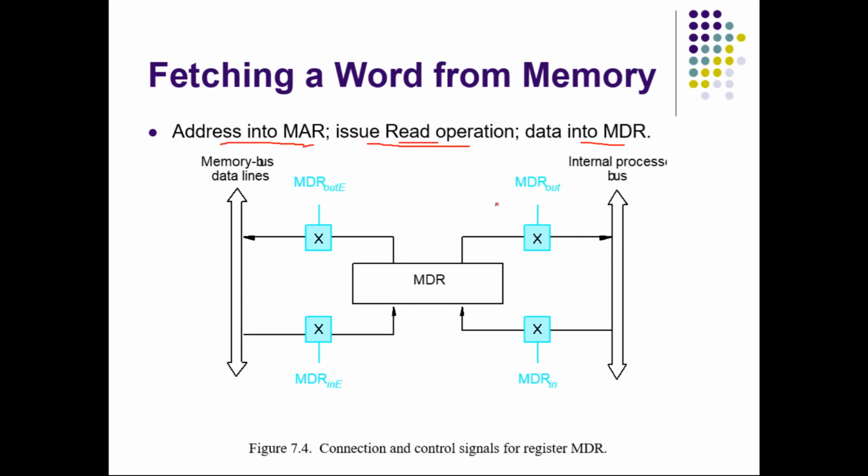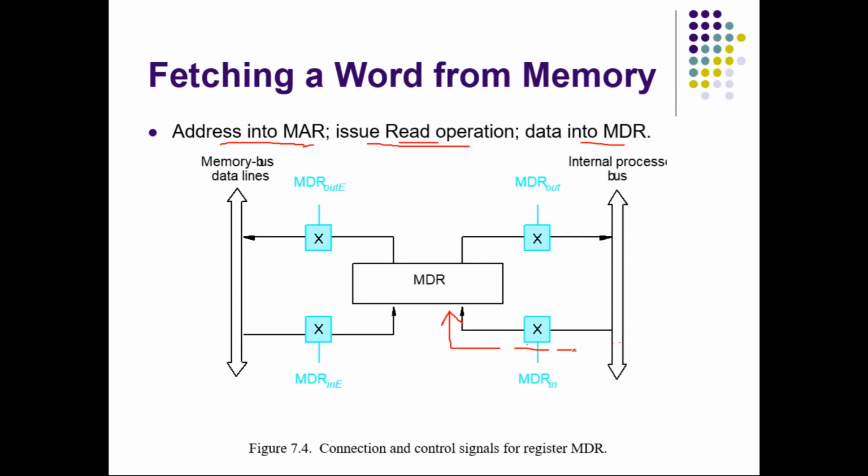Okay, fine. If you see MDR, actually MDR has two inputs and two outputs, so there are four lines connected with MDR. It is connected with the internal bus and also with the external bus. This is the internal bus. It can read from the internal bus. The data available in the internal bus can be stored in MDR.